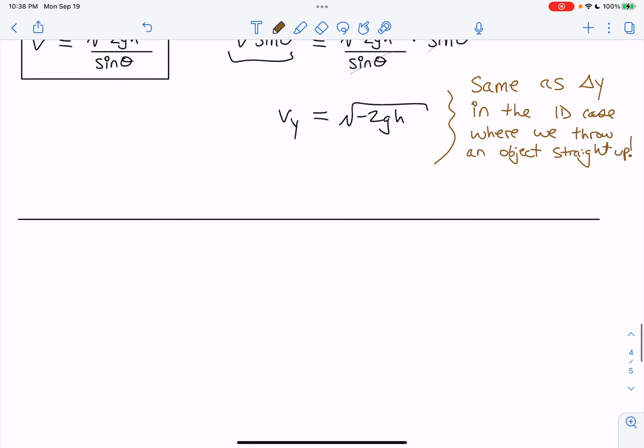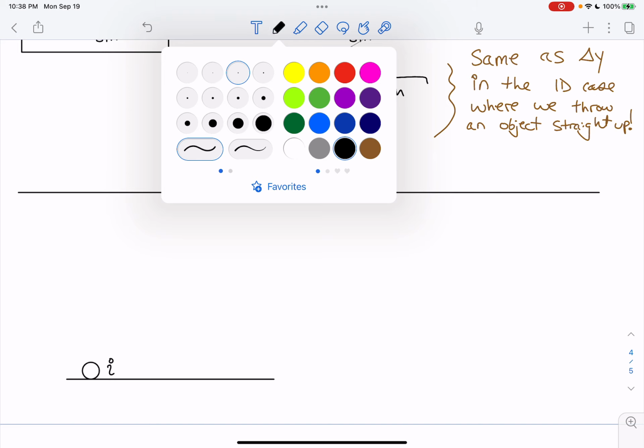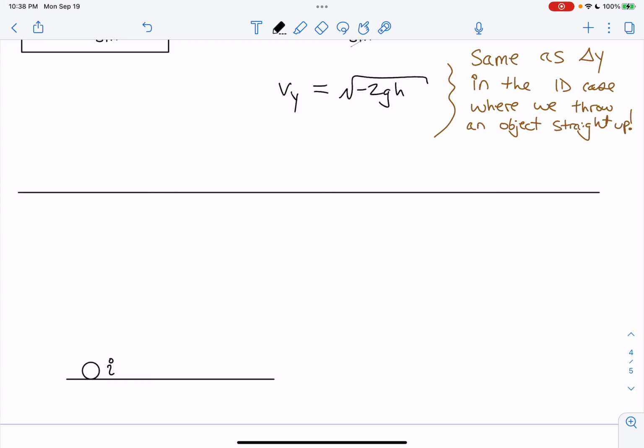Well, just to kind of bring this point home a little bit, let's draw that. So if you have some object at this initial position, and then you, let's get the dash line, throw it up.